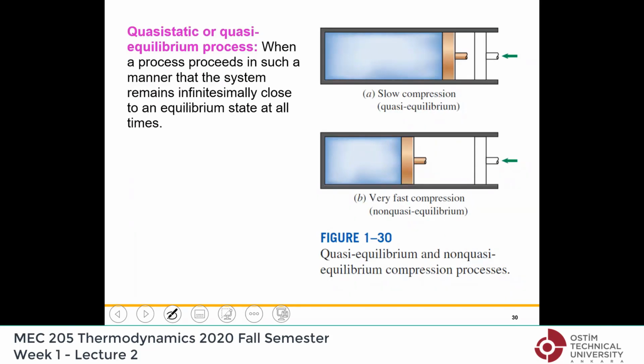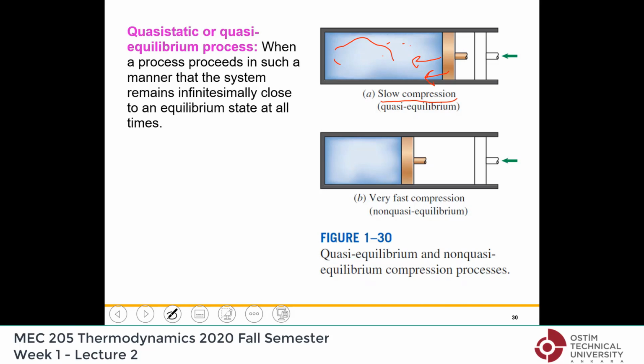As a special case, there is the quasi-static or quasi-equilibrium process. If during a change the state changes almost uniformly, like during a slow compression where the piston moves slowly so that the molecules here can adjust, we call it a quasi-equilibrium, or almost equilibrium, or quasi-static process.